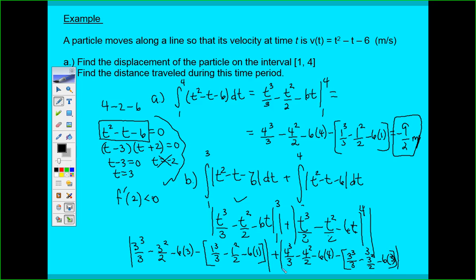If we calculated this, we'd get 61 over 6, or approximately 10.17 meters. So 10.17 meters, or 61 over 6 meters. And that's our total distance traveled on the interval 1 to 4.